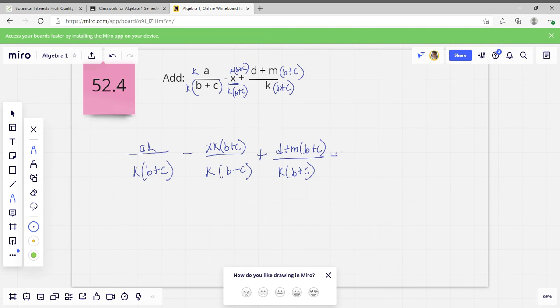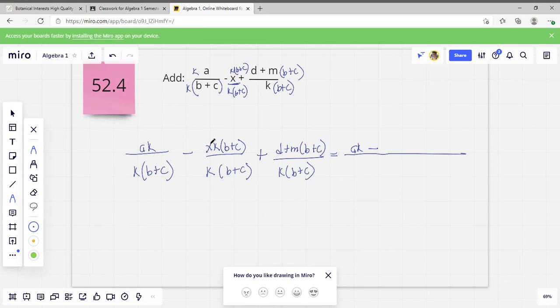All right, now we're going to need to distribute. Actually, in their answer, I don't think they even distribute this one. Let's see. In the example, they just left it the way it is. So you can just leave it the way it is if you need to, or if you want to.